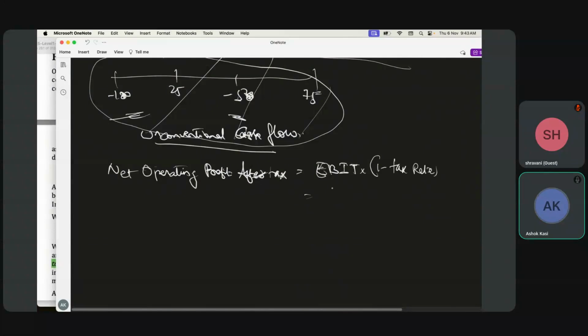So that means I'm not taking interest into factor directly from this EBIT.